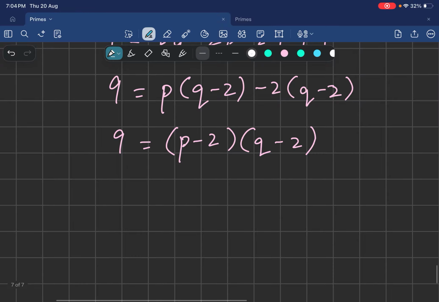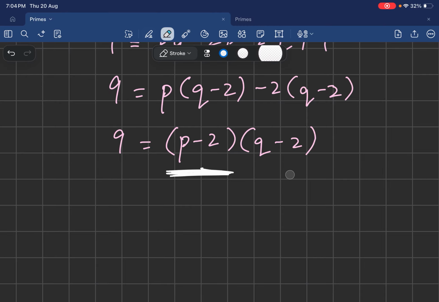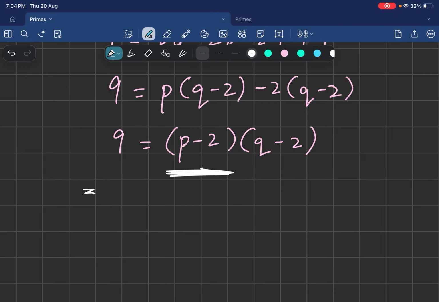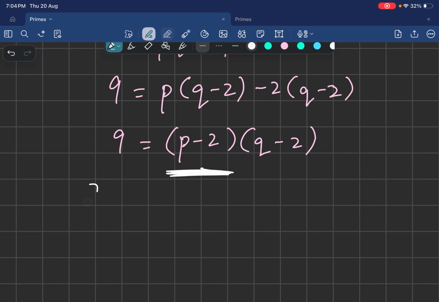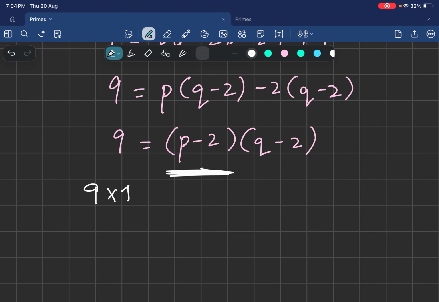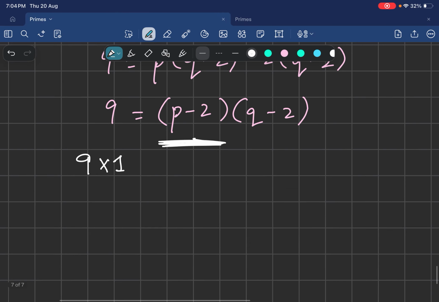Now we can make 2 factors, and we know that p is greater than q, so this has to be greater than this one. If this is 3, this is going to be 9 and 1. This is the very first factorization that we can do.